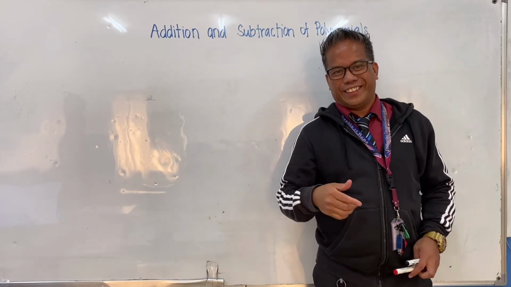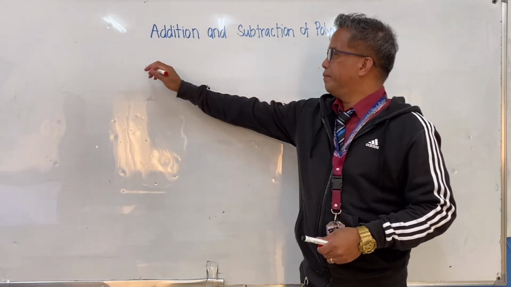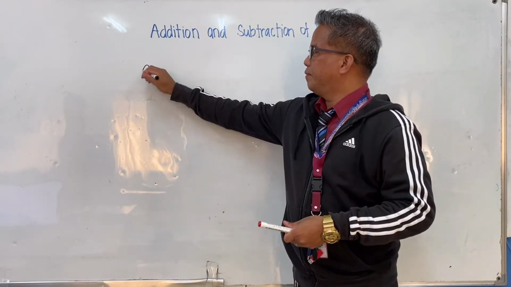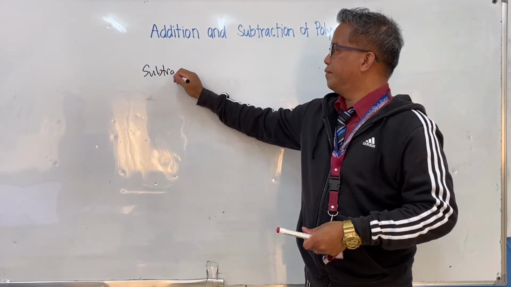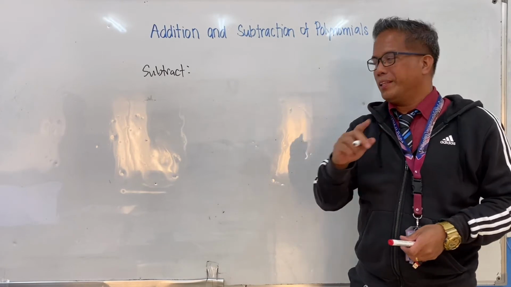Next is subtraction of polynomials. Example number 1.